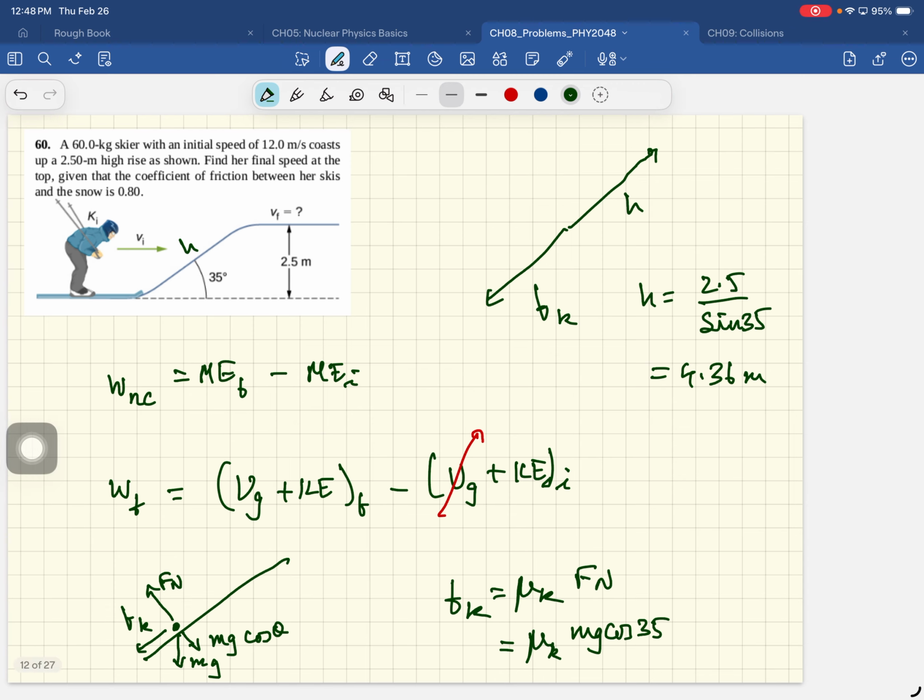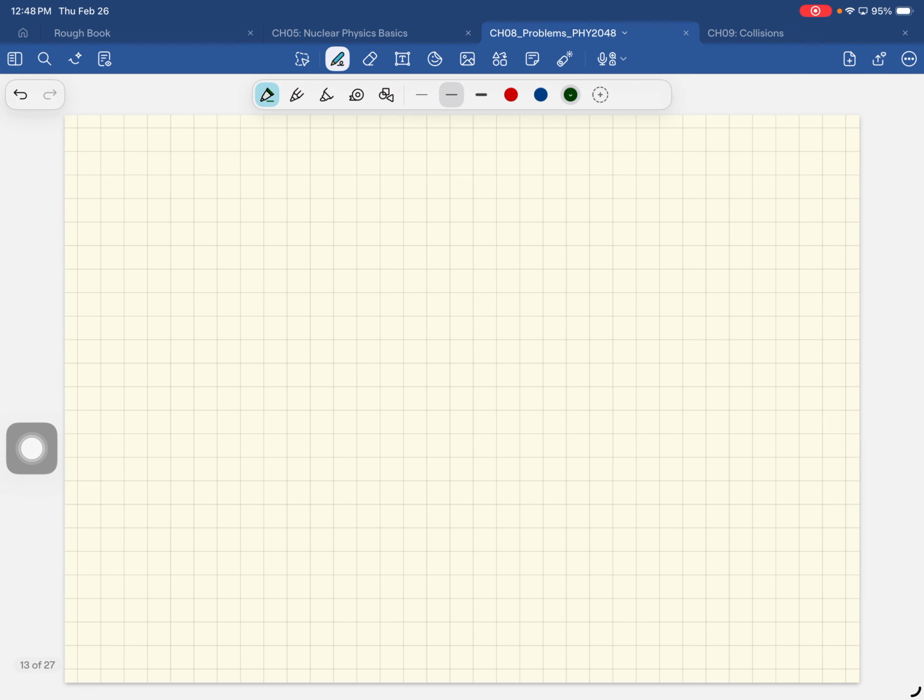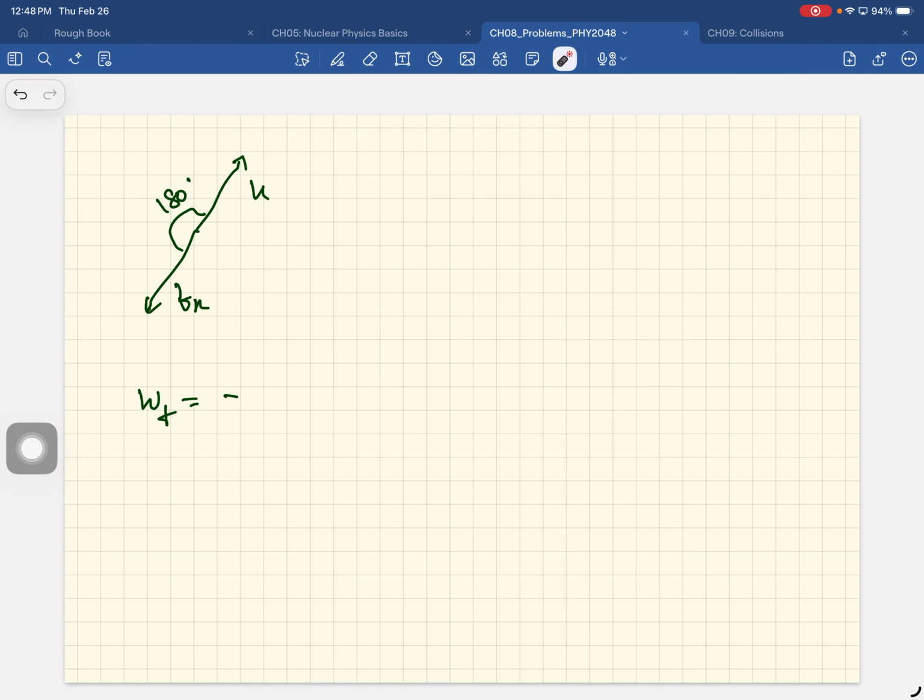Okay. So the work done by friction force, the angle between the two is 180 degrees, and you know that friction force always, so cosine 180 is -1 times friction force times the hypotenuse.